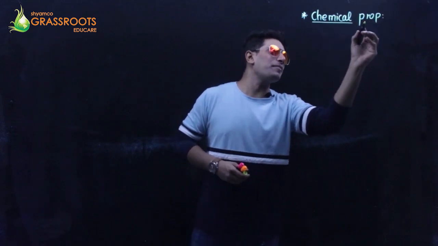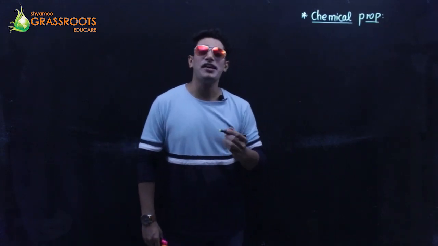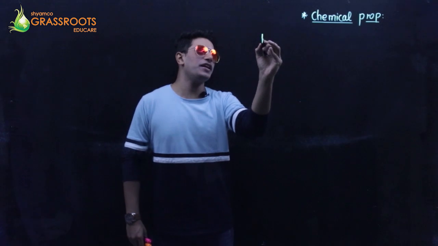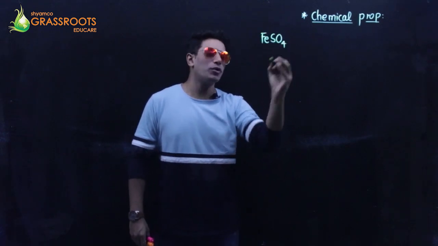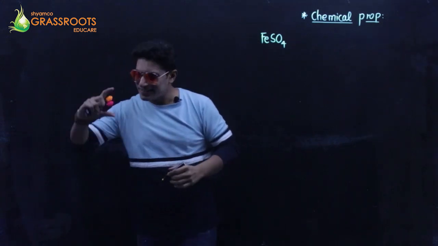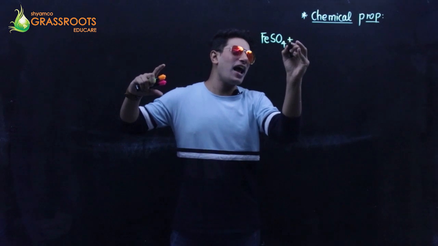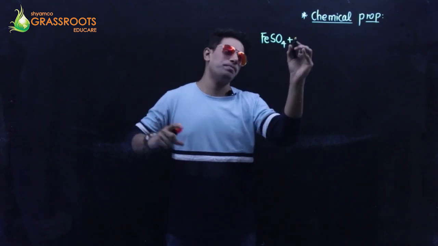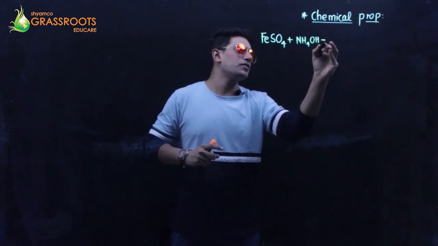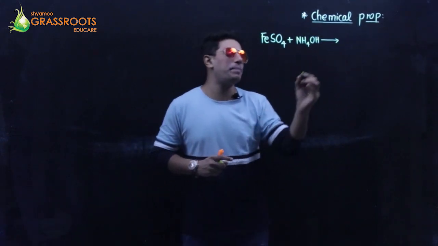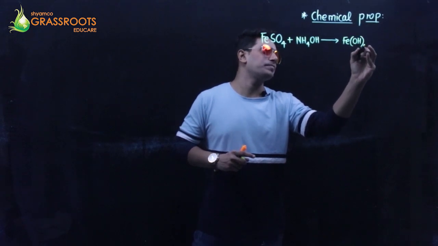Alright, in the chemical properties, students, the first reaction, let's take with iron sulfate, Fe2+, FeSO4. Now understand, in a test tube, I take iron sulfate and I add ammonia solution, that is NH4OH, liquor ammonia. The reaction takes place forming a precipitate Fe(OH)2.